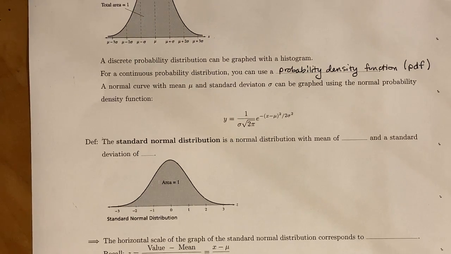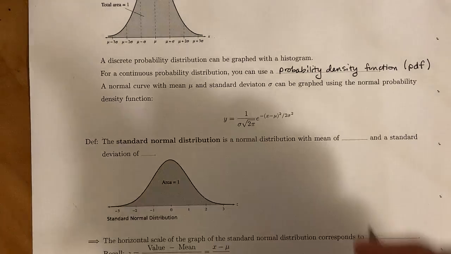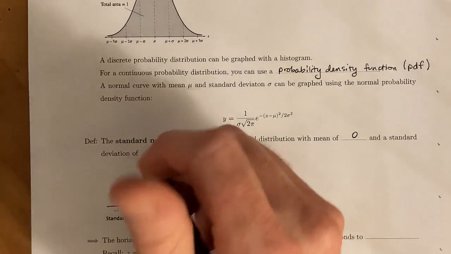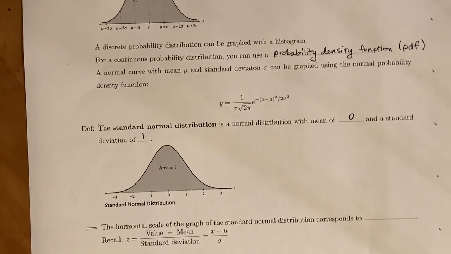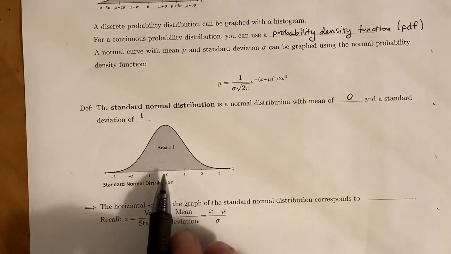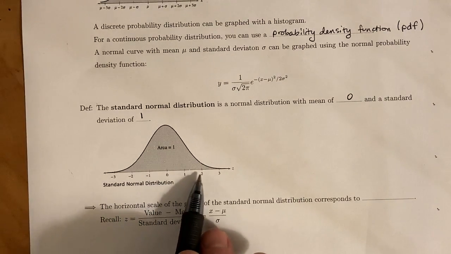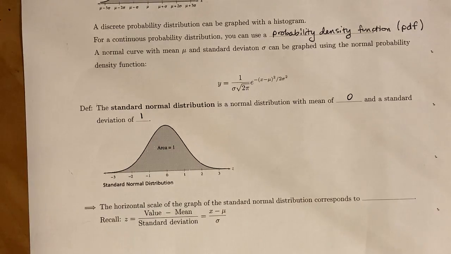A very special normal curve or distribution that we're going to look at is the standard normal distribution. It's a normal distribution with a mean of 0 and a standard deviation of 1. So it's symmetric around 0, has an area of 1, and each standard deviation is 1 unit.